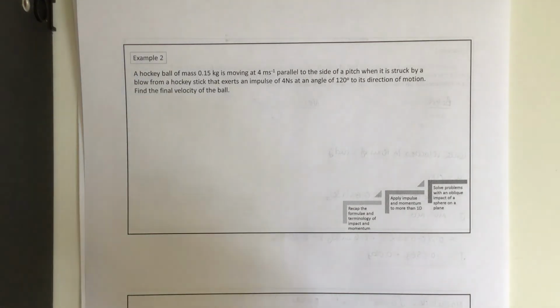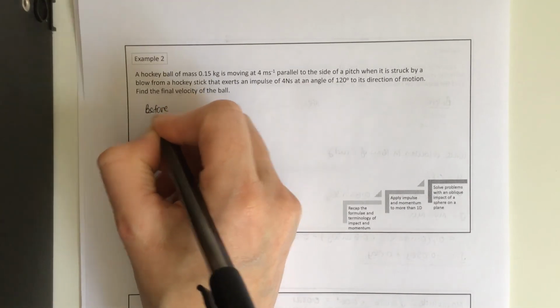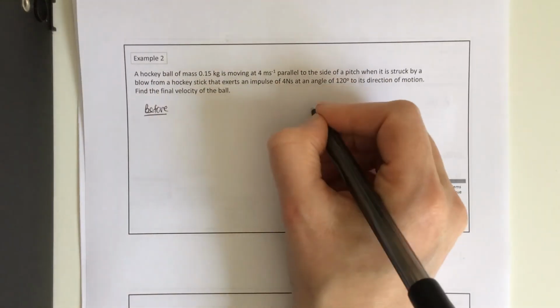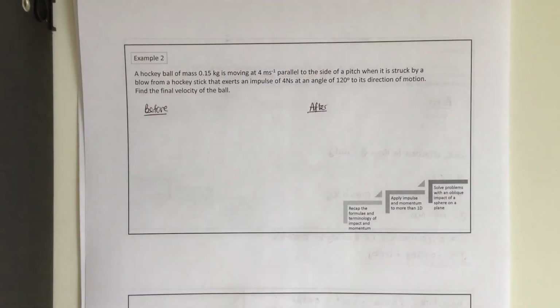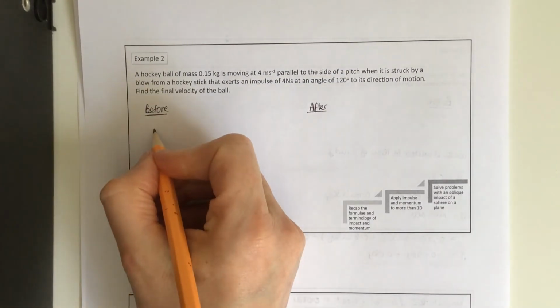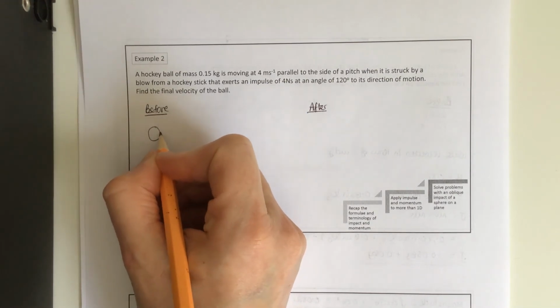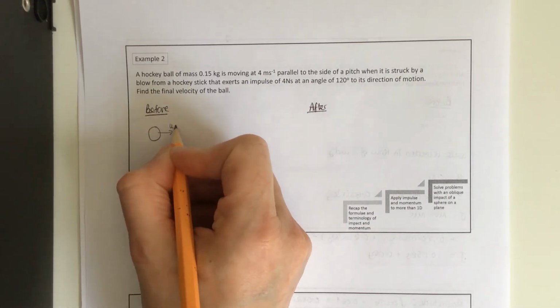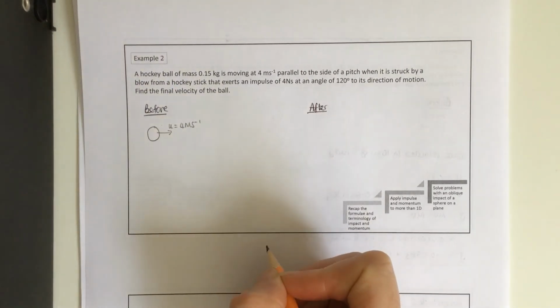So we start off exactly the same as we did before, where we do before and after. In our before scenario, we've got our hockey ball moving in this direction, and u is equal to 4 meters per second.